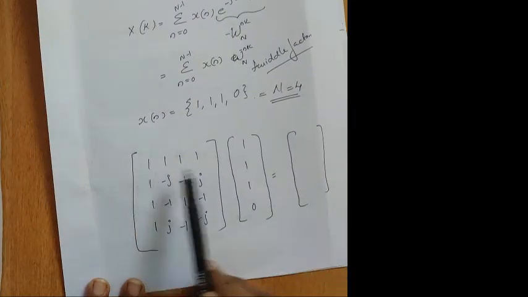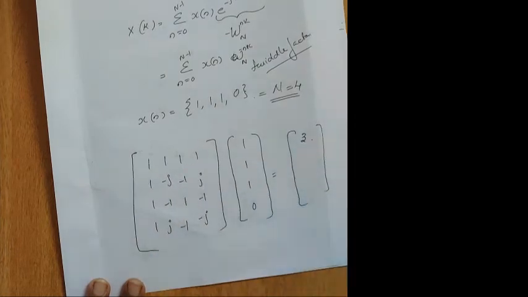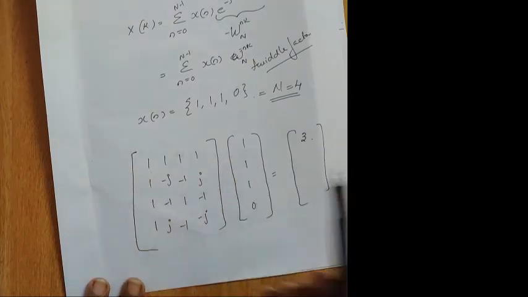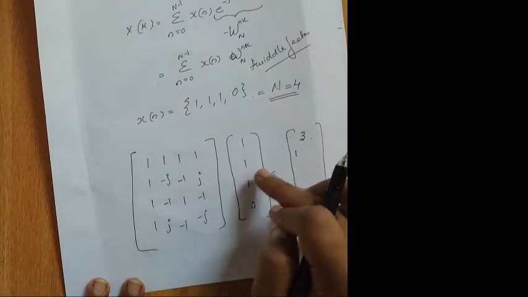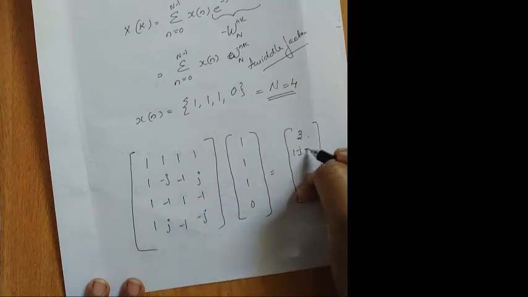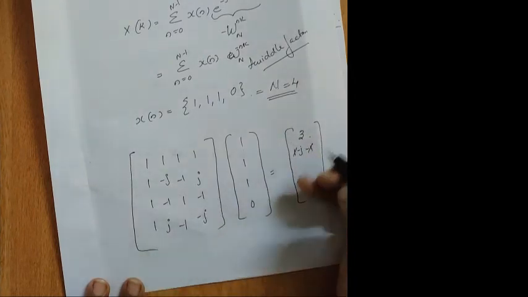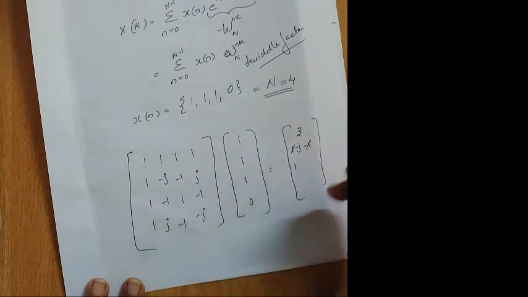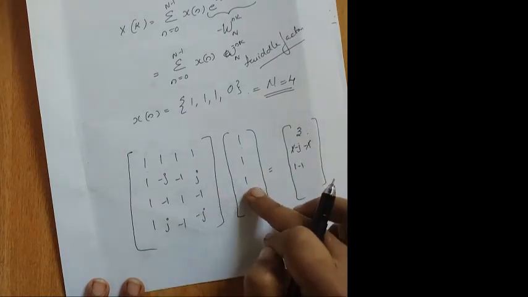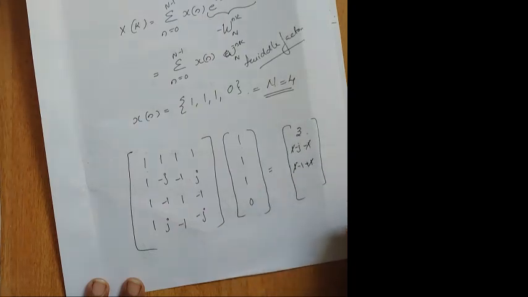That is 1 into 1 plus 1 into 1 plus 1 into 1 plus 1 into 0. You will get 3. It is matrix multiplication. 1 into 1, 1, minus 1 into minus j, minus 1 into 1, minus 1, j into 0, 0. So 1 and 1 get cancelled, you will get minus j. Next 1 into 1, 1, minus 1 into 1, minus 1, 1 into 1, 1, plus 1.